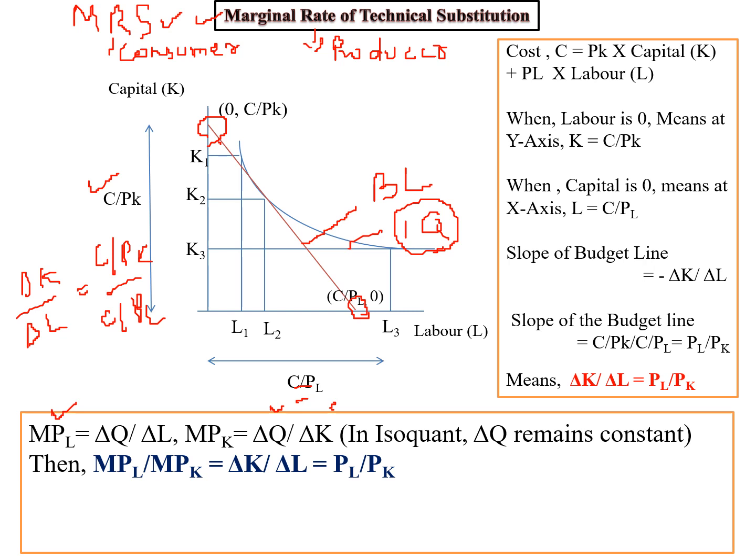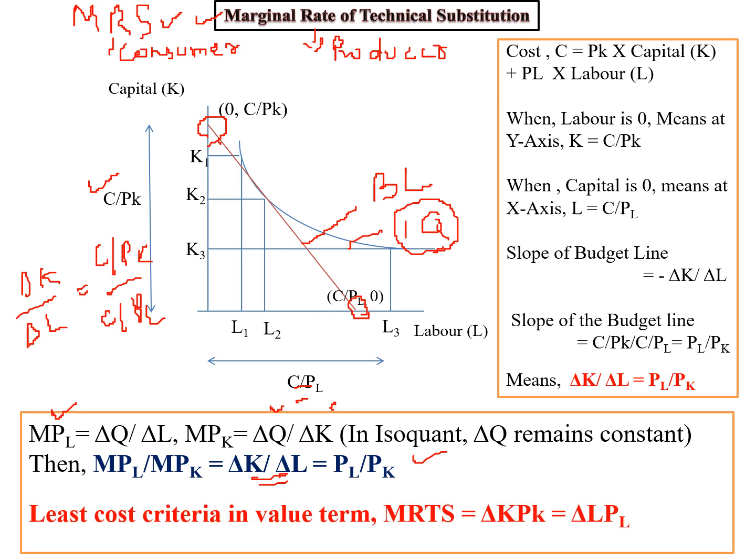In the same isoquant, the quantity always remains constant. Then definitely marginal productivity of the labor divided by marginal productivity of the capital is nothing but delta K by delta L. I just cancel delta Q in both equations. Then delta K by delta L is price of the labor by price of the capital.